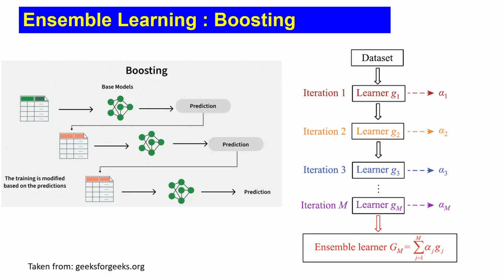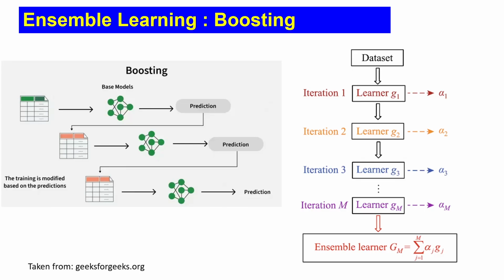So, at the end you sum over j from 1 to m of alpha j Gj, where Gj are the base learners and alpha j are the weights. By putting weights, you are basically giving preference to certain models which come in the later part of this series. So, two aspects: one is the later models will learn from the mistakes of the earlier models, and second is the weights which are provided on these models.